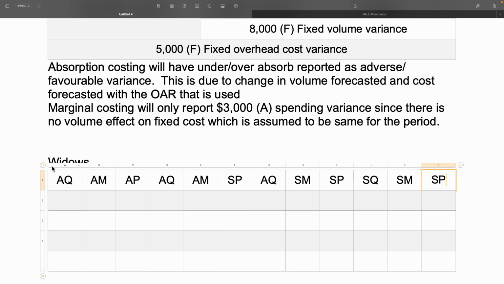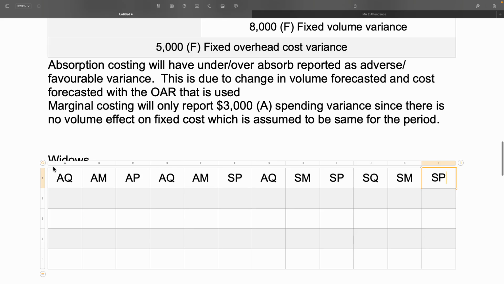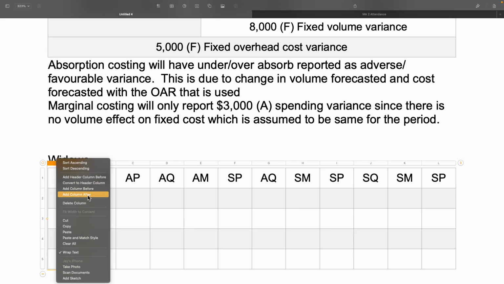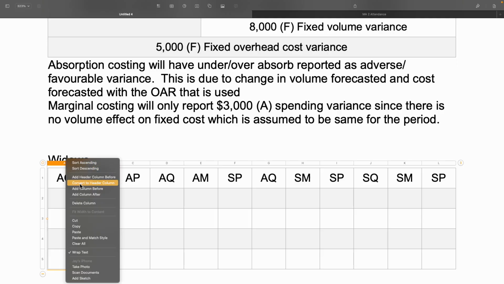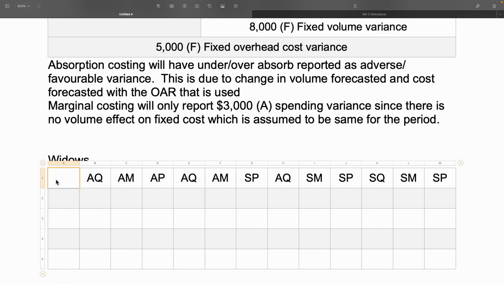So it becomes a bit more tedious. Just remember, it becomes a bit more tedious. So let's say example, let me just walk you through this.